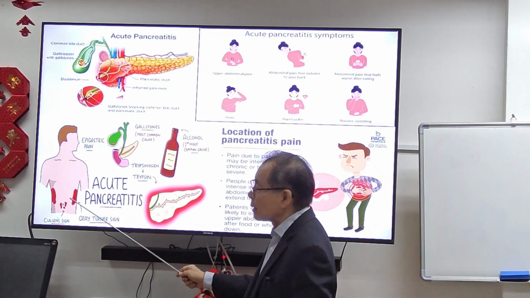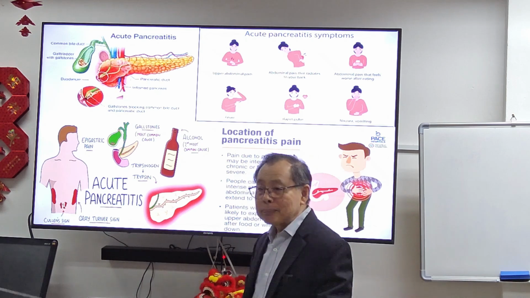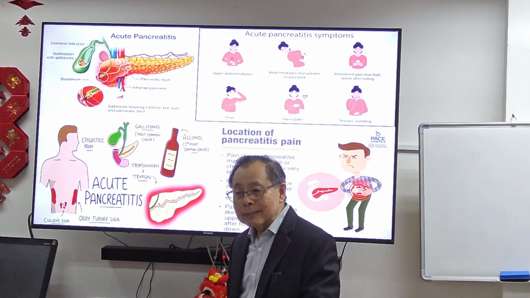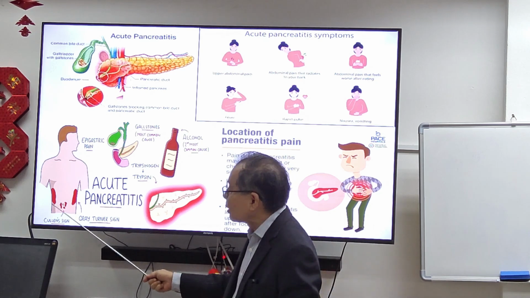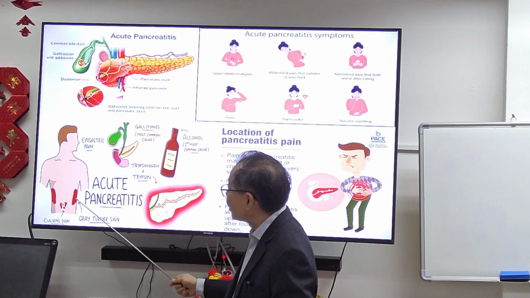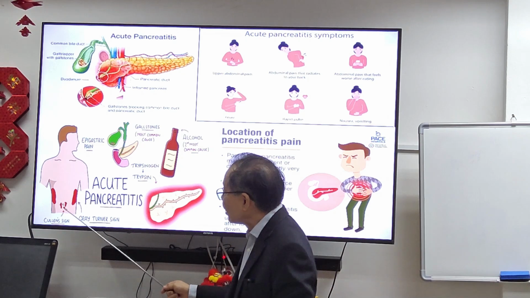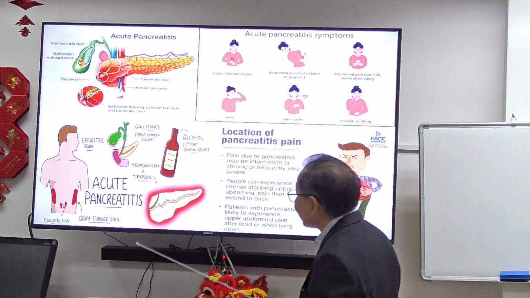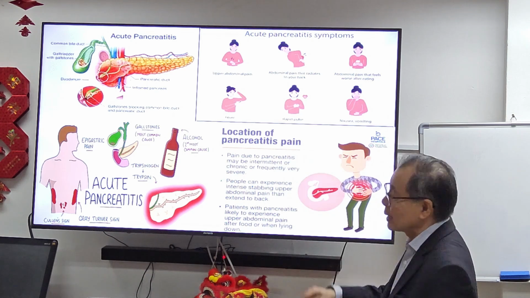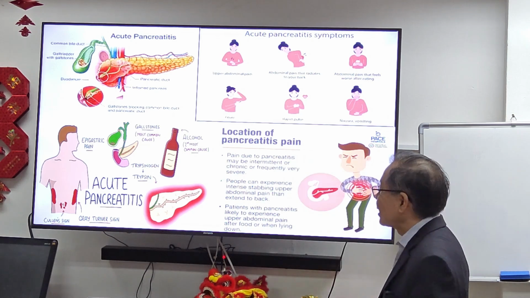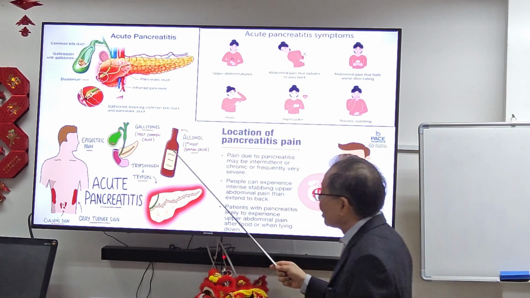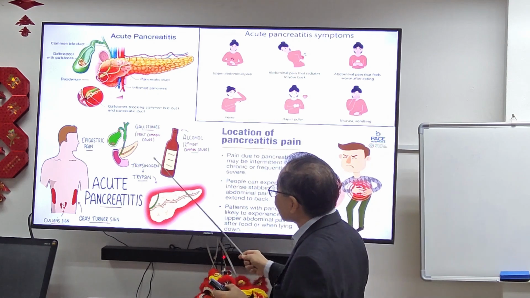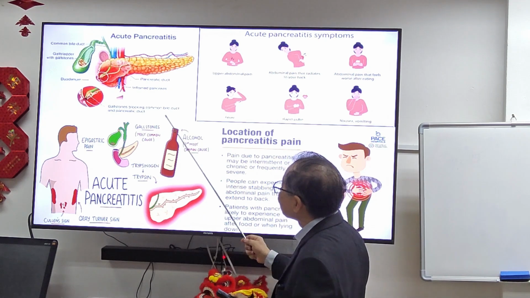It can be in the center. That's why pain in the center, when it's severe, need not be just the stomach. It could be your gallbladder. It also could be your acute pancreatitis. But eventually it will go to the side. You see? But the only way to tell is a blood test that shows that there are pancreatitis enzymes, enzymes made by the pancreas in the blood.